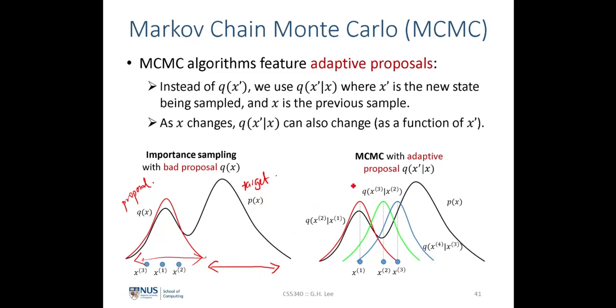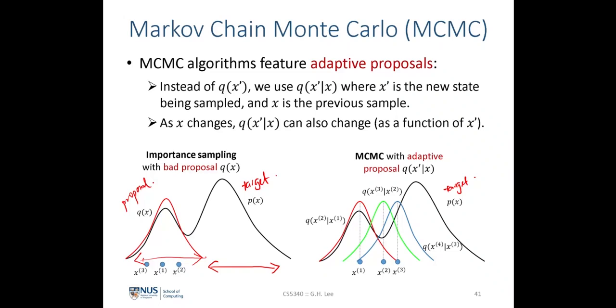So in the case of MCMC sampling, instead of using a fixed proposal distribution, we are going to use an adaptive proposal distribution. We'll look at the same example where the target distribution is a bimodal distribution given by the black curve over here. And instead of using a fixed proposal distribution denoted by Q of x, we'll use a proposal distribution conditioned upon the sample that was drawn in the previous step, denoted as x.